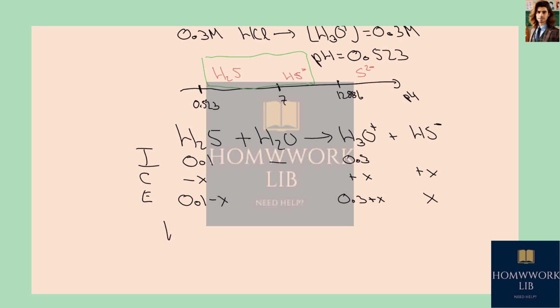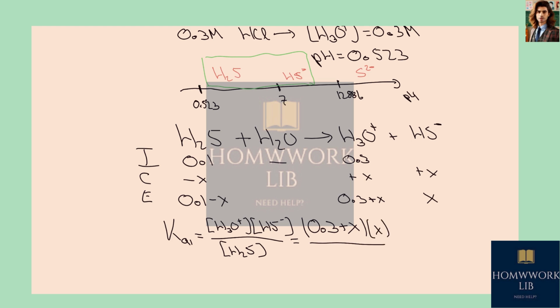Now, this corresponds to the equation for Ka1, that is the concentration of H3O+ times the concentration of HS minus divided by the concentration of H2S. Here, the result is going to be after replacing 0.3 plus x, x, and 0.1 minus x.